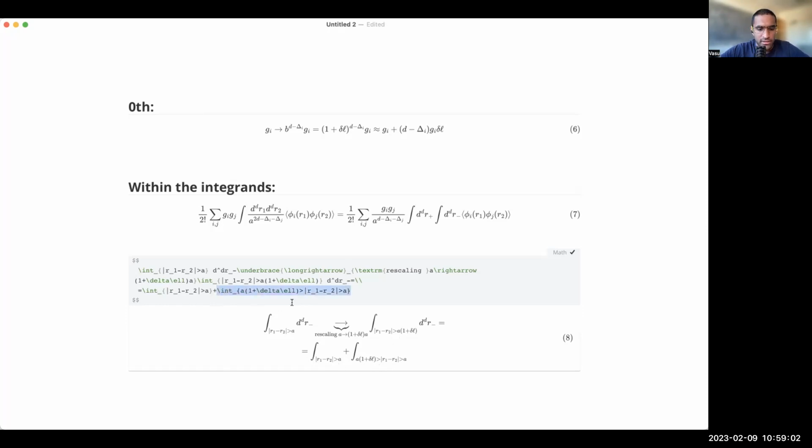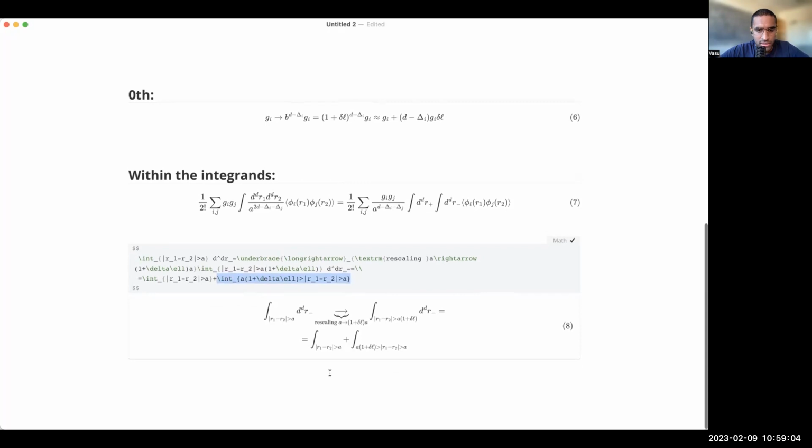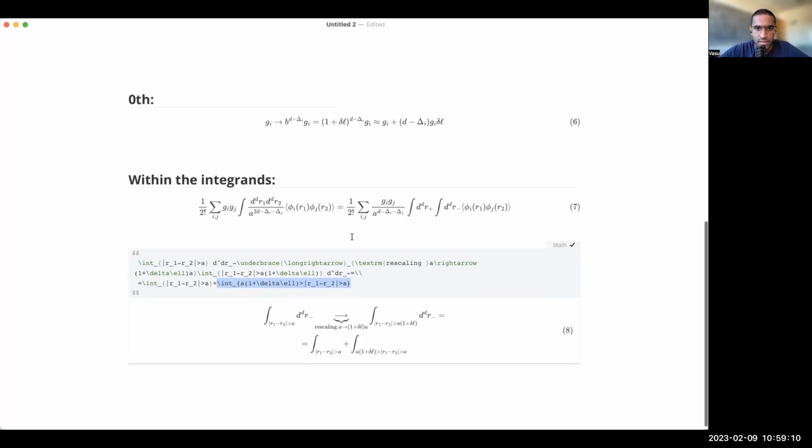So here, what we can do is see that because delta L is very small, and because we're going to basically take these two to be very close to each other, the integrand should be replaced by an OPE expression, right? So it should be replaced by the limit where R1 approaches R2. Right?